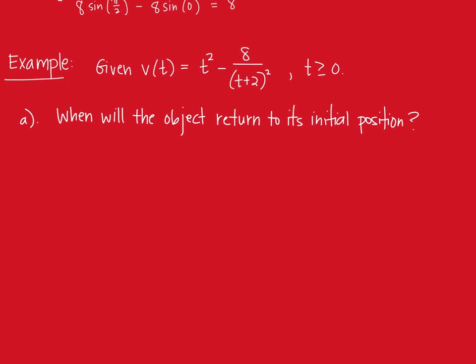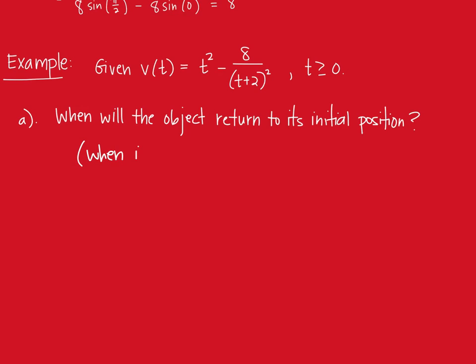You just need to know when it will get there. Okay? When will the object return to its initial position? Which is really code for asking when is the displacement 0? It's the same question. Okay, so when is displacement equal to 0?